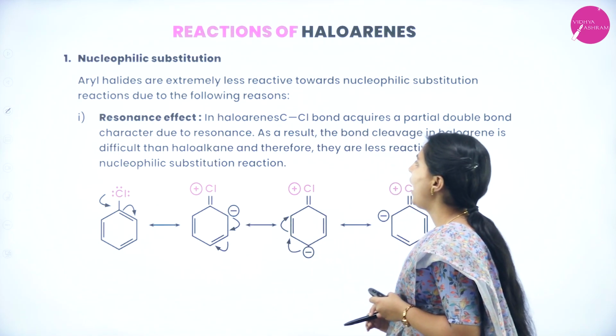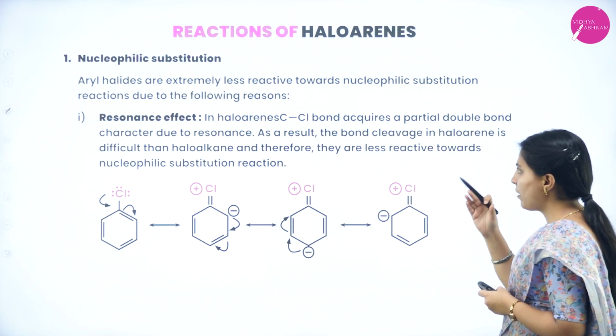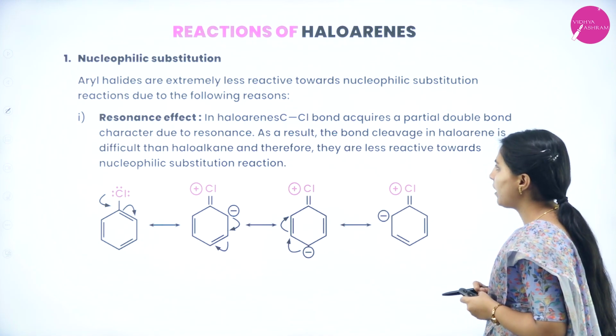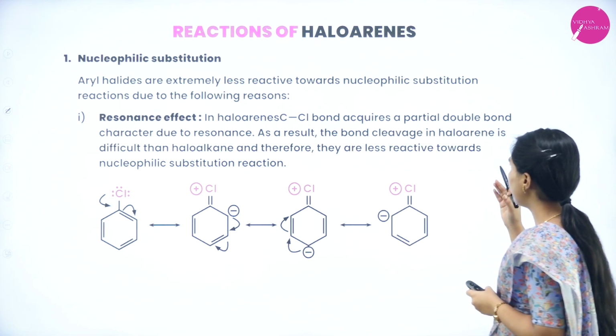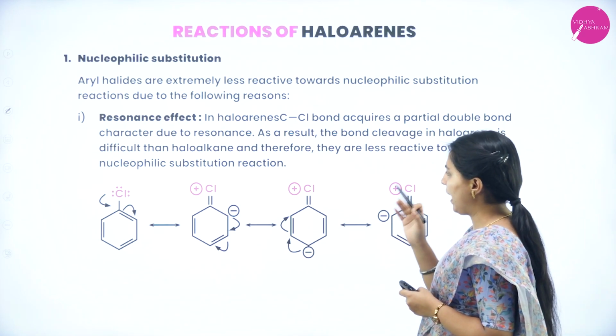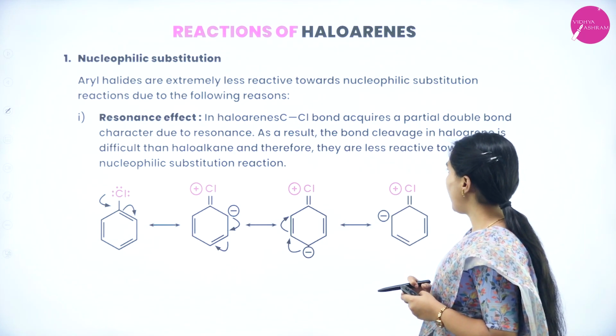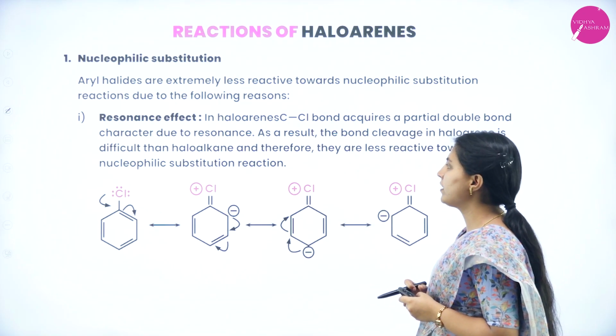Resonance effect. In haloarenes, the carbon-chlorine bond acquires a partial double bond character due to resonance. As a result, bond cleavage in haloarenes is more difficult than in haloalkanes, and therefore they are less reactive towards nucleophilic substitution.